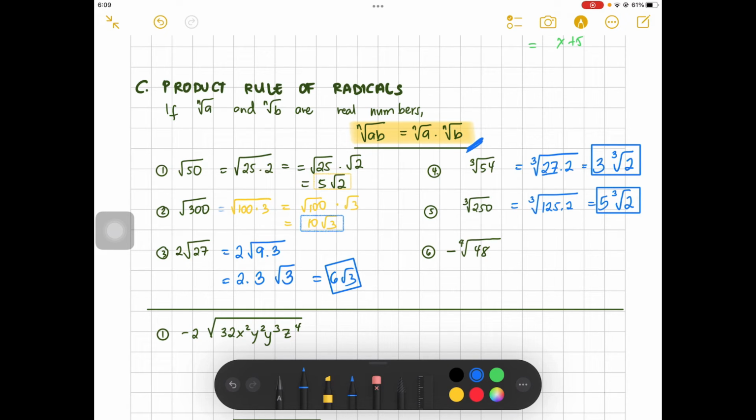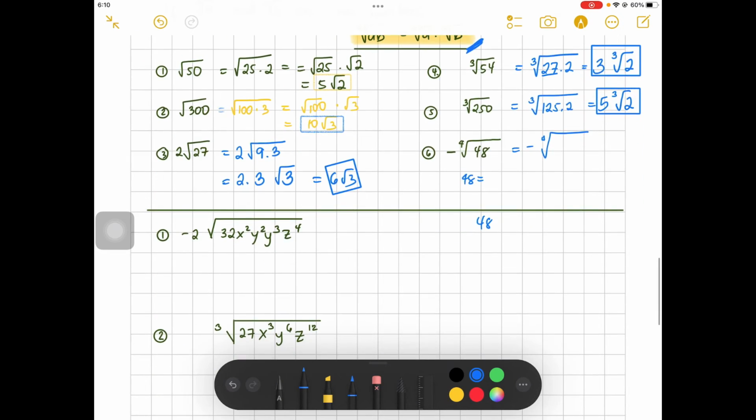Next, negative 4th root of 48. So, what are the factors of 48 that are perfect 4th powers? We can factorize. It's better to factorize. So, 48 is 24 times 2. This is 2 times 12, 2 times 6, 2 times 3.